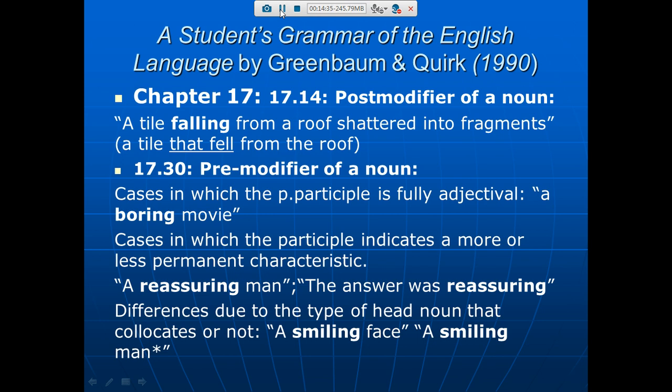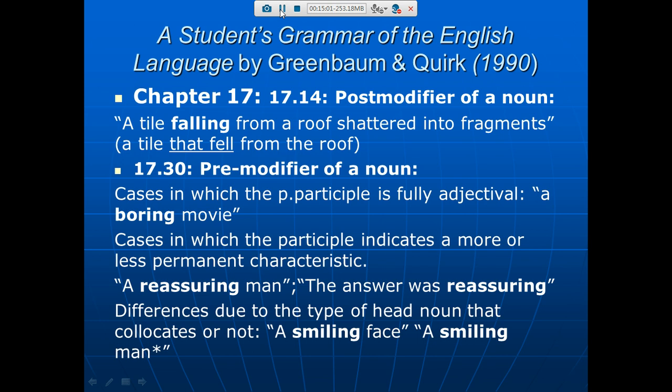Finally, in chapter 17, 17.14 and 17.30, the authors speak about ing forms working as pre and post modifiers of a noun. This is the typical function. They give the example, a tile falling from a roof shattered into fragments, which could be paraphrased by means of a tile that fell from the roof.